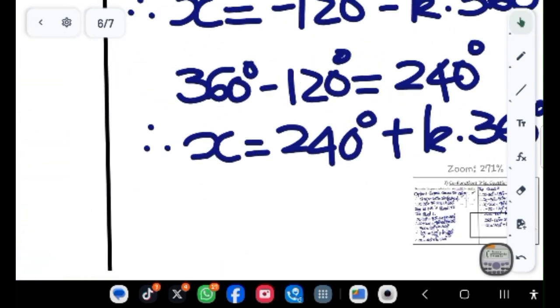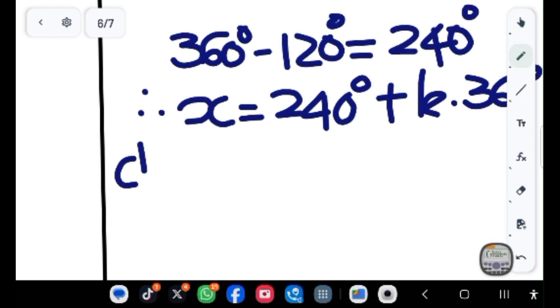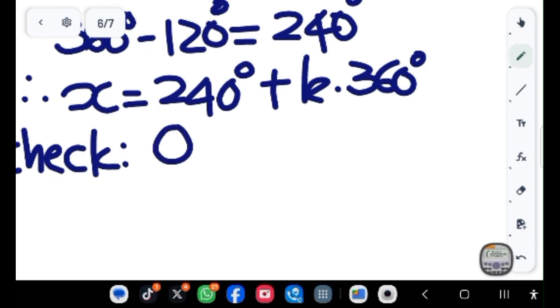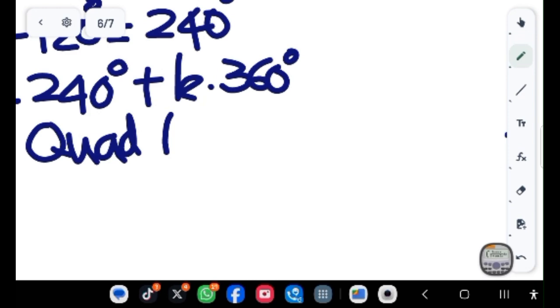You can even check. Let's check quadrant 1 with k equals 2.